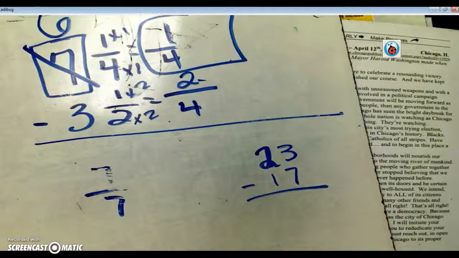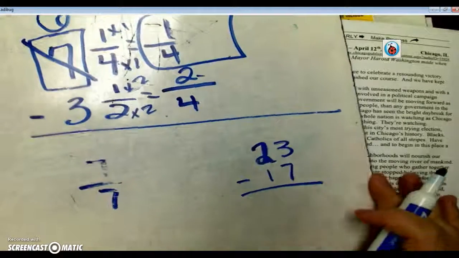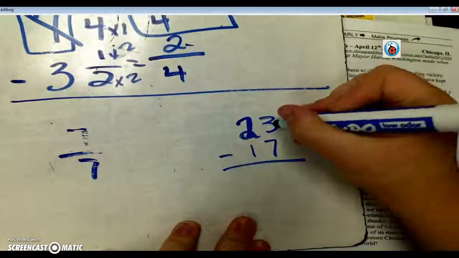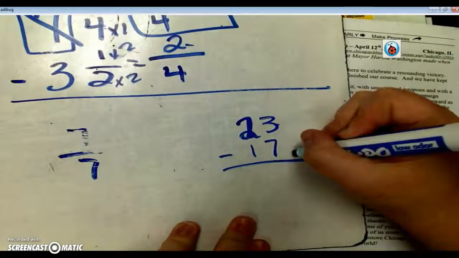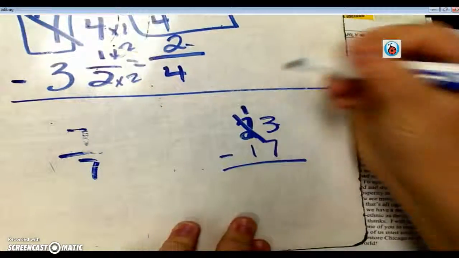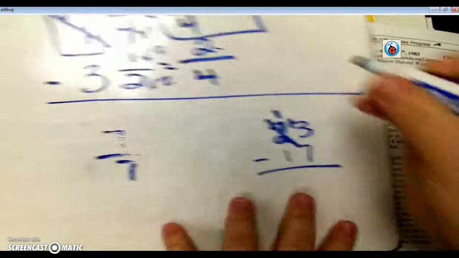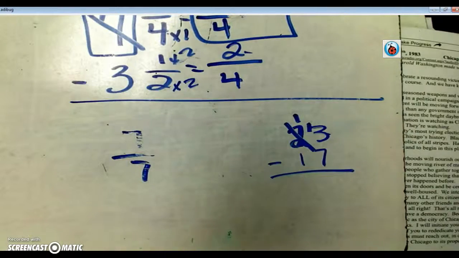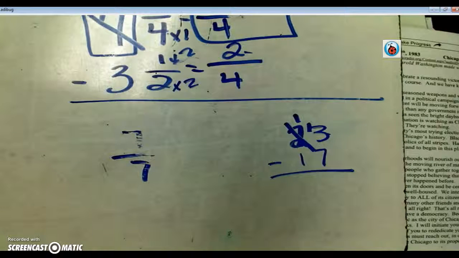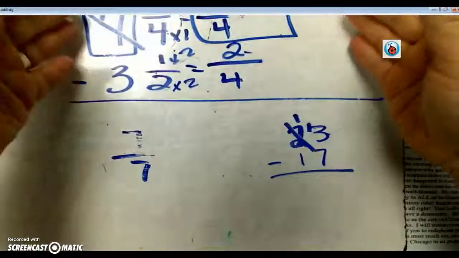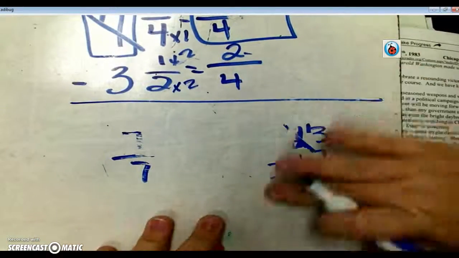Look at this whole number for me, if you will. If I'm doing 23 minus 17, I can't take 3 and take 7 away, right? So I have to borrow from this 2. It becomes a 1. And then that 1, we're really adding over here as 10 individuals, right? So now I have 13 versus 3, right? So we're taking that part that we're borrowing and we're sharing it somewhere else. I'm going to do the same thing up here, okay?